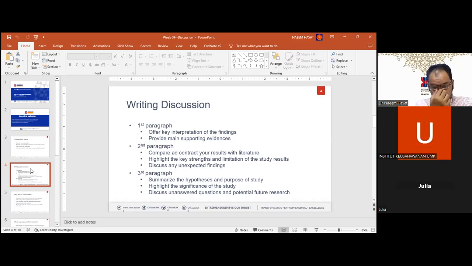Normally, when we have a quantitative study where all the hypotheses are accepted, what is the contribution? What is the strength? It's just a replication study, but many good journals may not accept these kinds of research articles. So in some way we need to highlight the strength and the limitation.